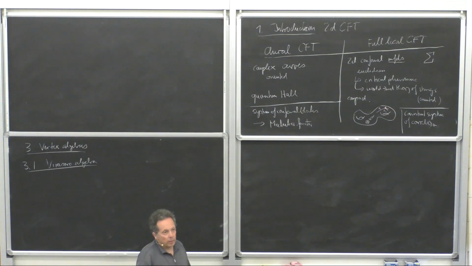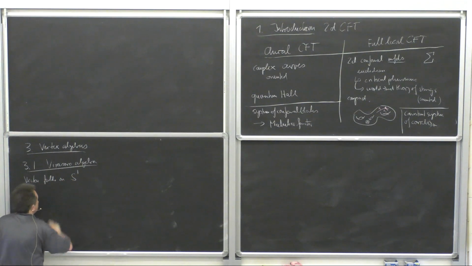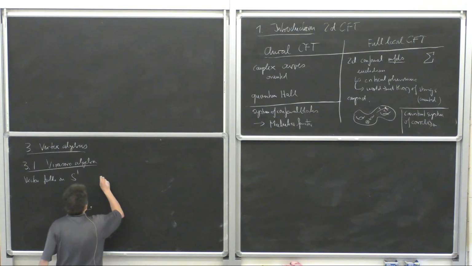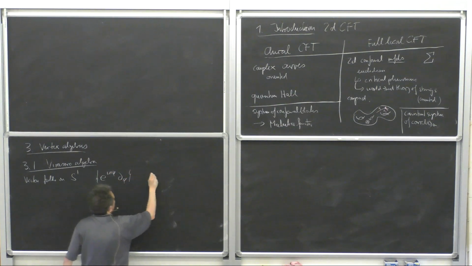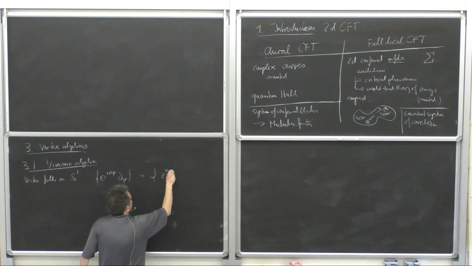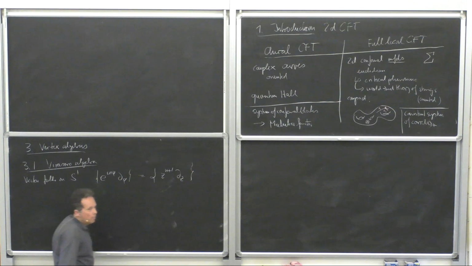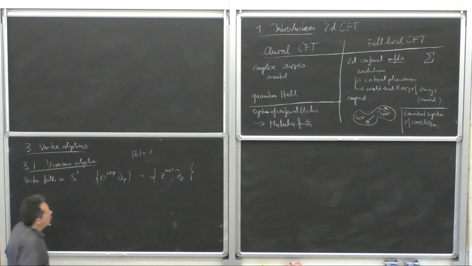What are these? Well, John has explained it. These are vector fields. So let me study vector fields on S1. Choosing as a basis whatever you want, e to the i n phi d phi, or equivalently, z to the n plus 1 dz, and embed implicitly the circle in the complex plane as the set of points of unit modulus.